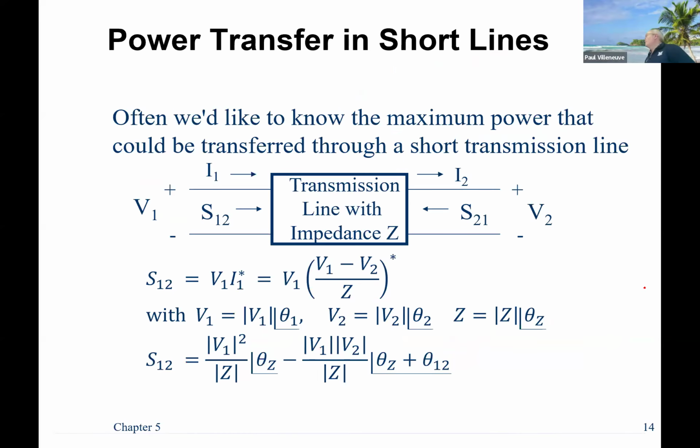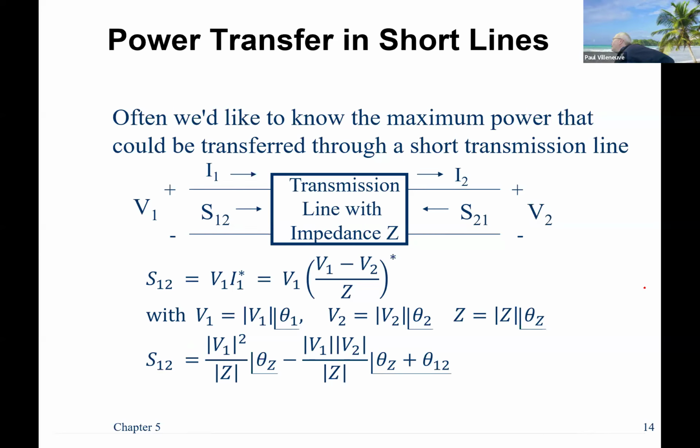So easy peasy with short transmission lines, we don't even have a Y over 2. So then our S is just going to be the voltage drop across Z, right? Just like we did with our very first homework assignment when it was V1 minus V2 divided by Z. It's the same concept here.